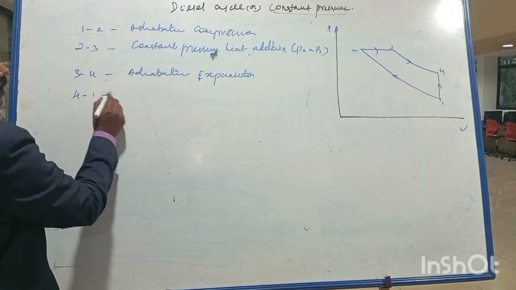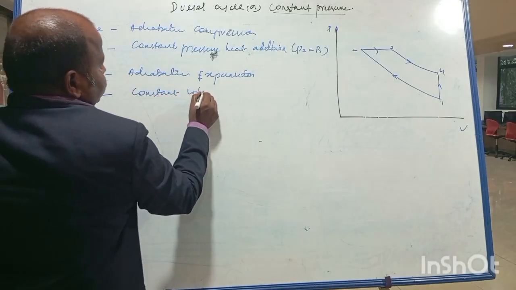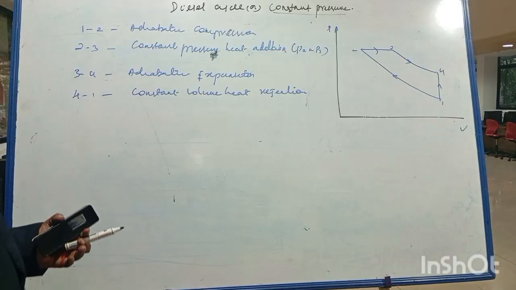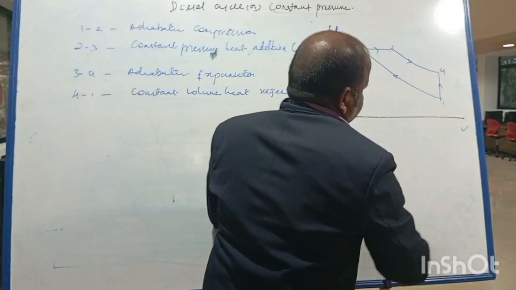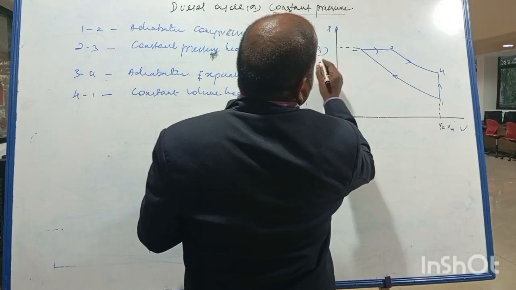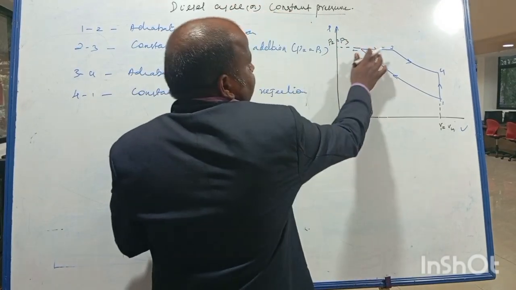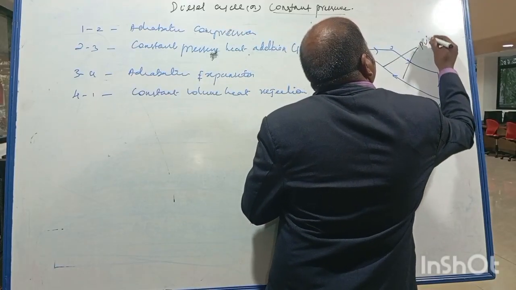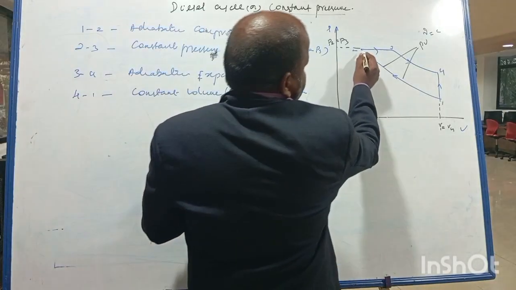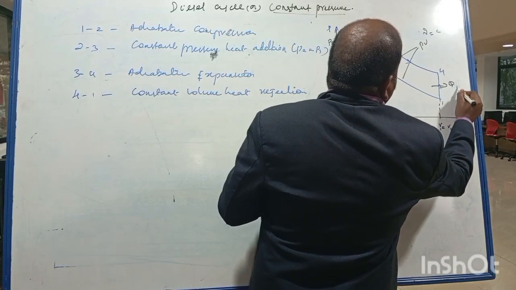And 4 to 1 is constant volume heat rejection, so V1 should be equal to V4. This is constant pressure heat addition, P2 equal to P3. These two processes, 1 to 2 and 3 to 4, follow the law PV power gamma equal to constant. That is an adiabatic process, or we can call it an isentropic process. 2 to 3 is QS, and 4 to 1 is the heat rejected, QR.